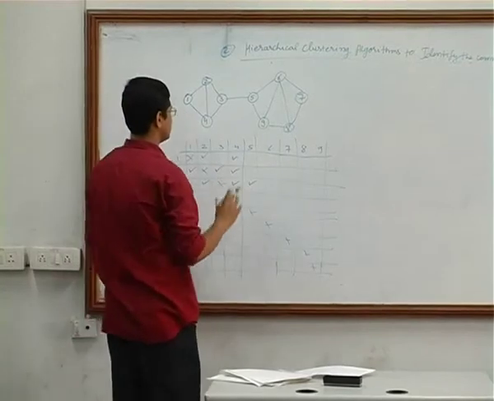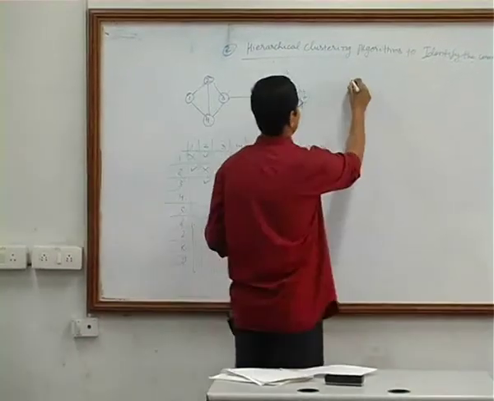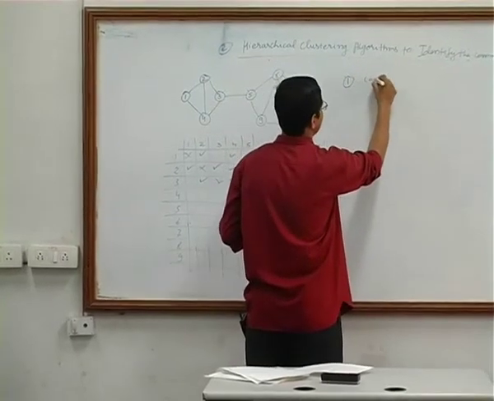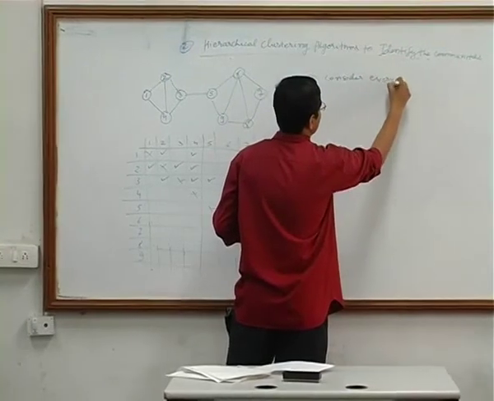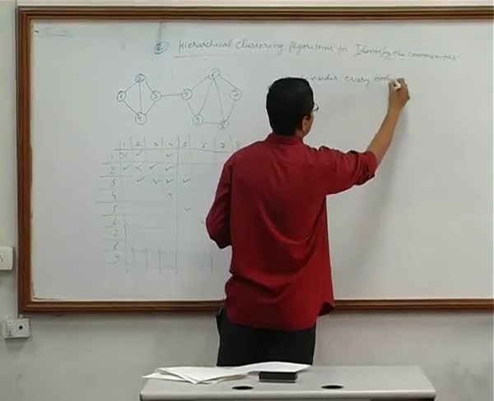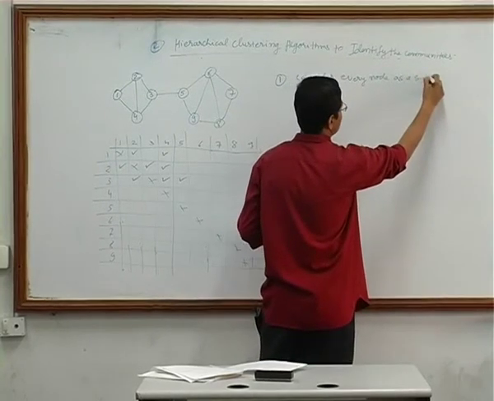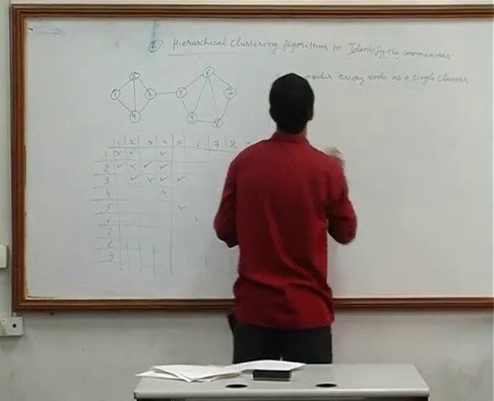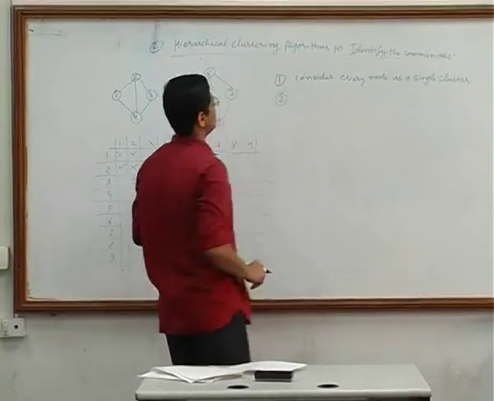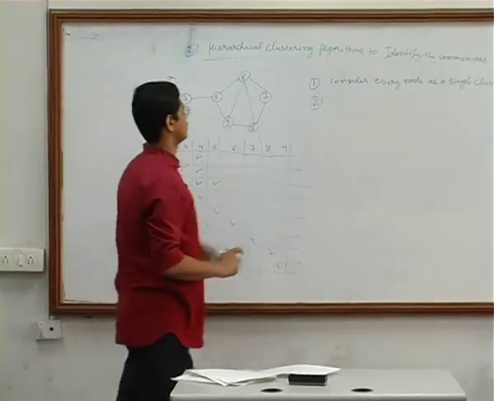Now after getting this matrix, we will find at first step, now at second step, identify the least distance between any two nodes.